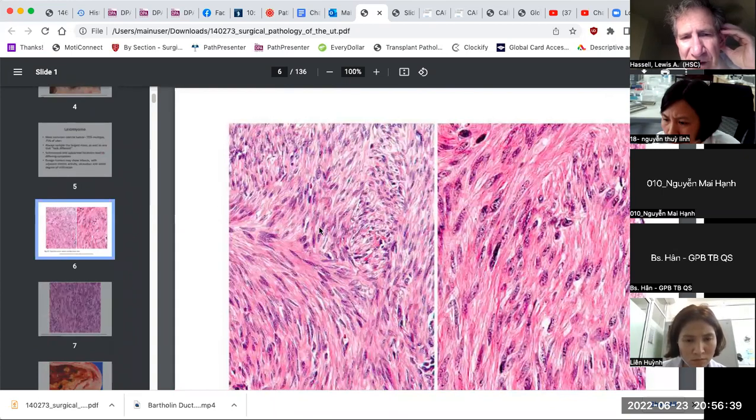So the blunt or blunted nuclei, fusiform nuclei, is helpful.